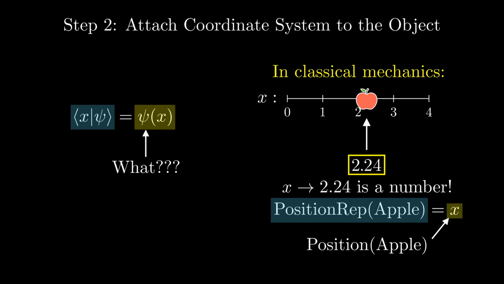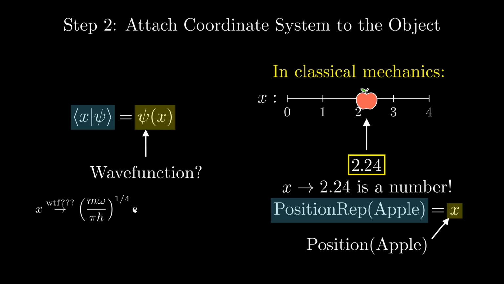Now on the right-hand side, it seems like quantum mechanics is suggesting the representation of our quantum apple in the x position coordinate system is a so-called wave function. This is definitely uncharted territory, because seriously, it does not really make any sense to say our quantum apple is located at some very complicated function location.